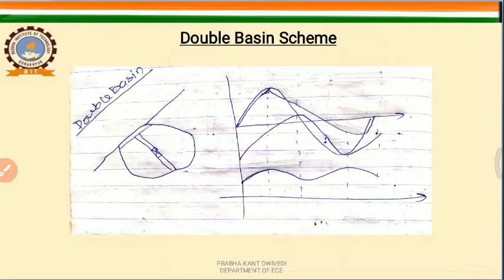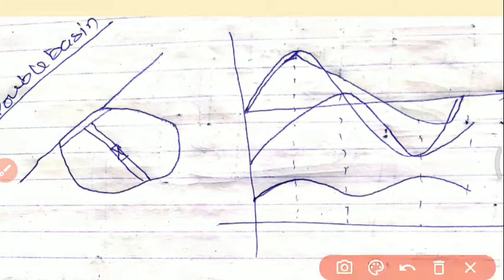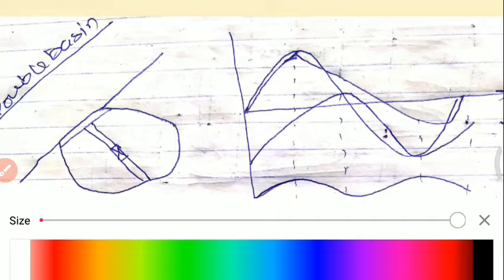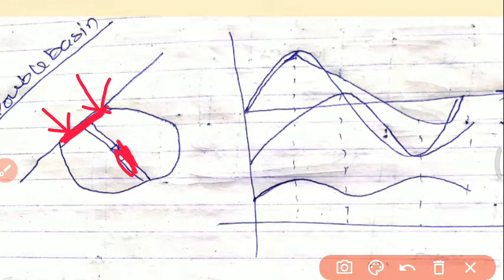In the double basin system, the dam is constructed here, one gate is here, another gate is here, and turbine is placed in this basin. In the middle, the basin is partitioned in two parts.